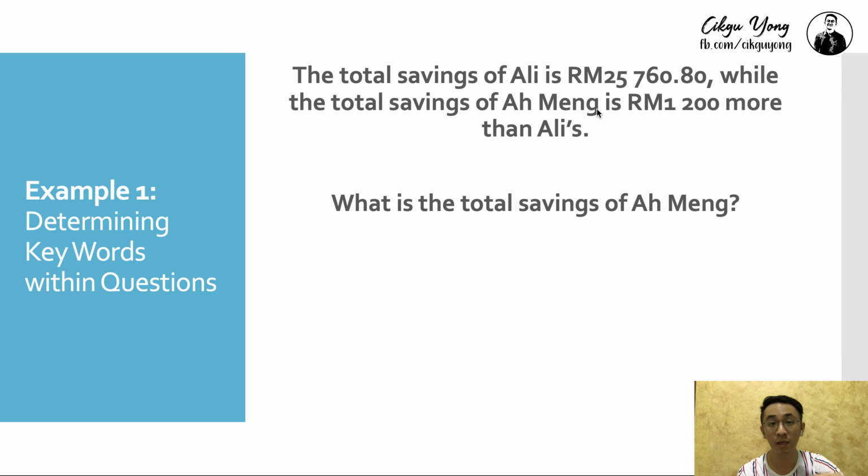Based on these keywords, we will be able to know what operational signs can be used to solve these questions. Based on this example, these are the few keywords that I can find. It involves Ali and Aming, two persons. It involves their savings. And the final question is asking you on the savings of Aming. So out of two persons, only Aming's savings is being asked.